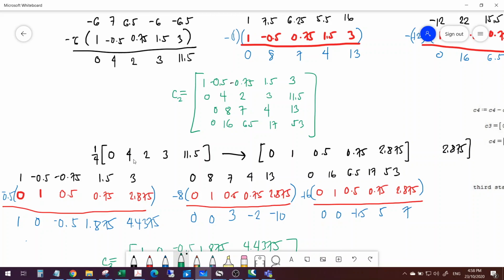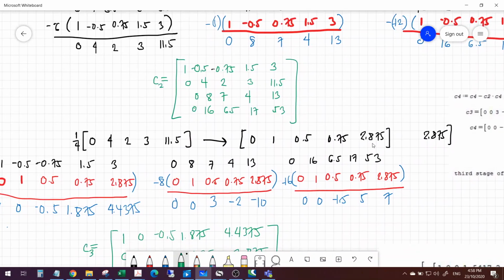It's 1/4. So 1/4 multiplied by 0 is 0. 1/4 multiplied by 4 is 1. 1/4 by 2 is 0.5. 1/4 by 3 is 0.75. Then 1/4 by 11.5 is 2.875.